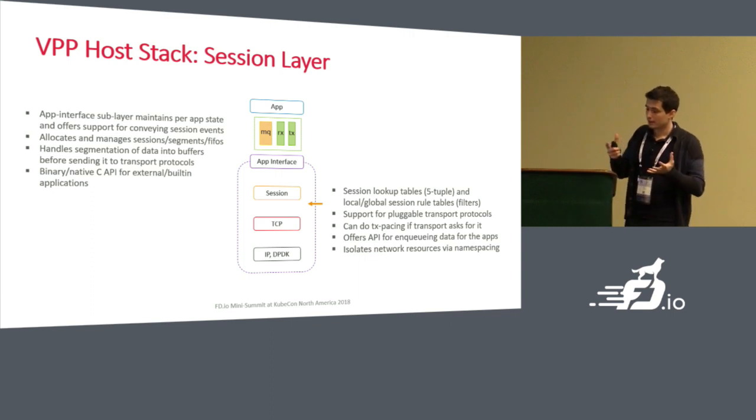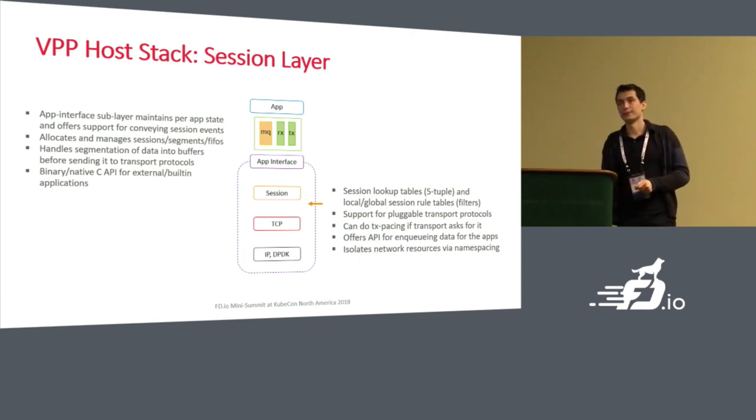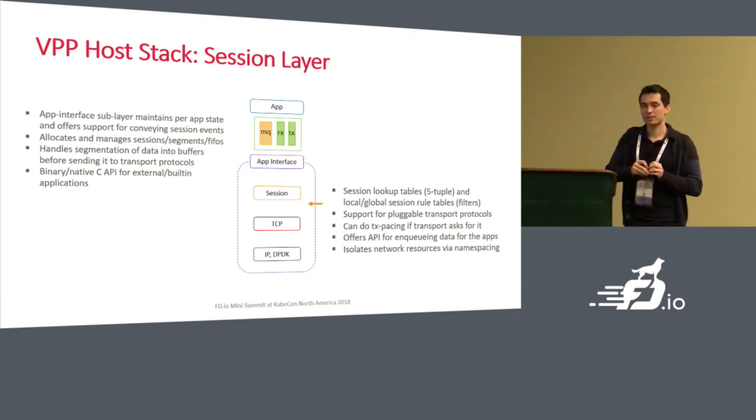And finally, the session layer can offer some sort of namespacing capabilities. That is, it can limit the access of applications to networking resources. In particular, the session layer can limit the access that applications have to IP tables or to VRFs.